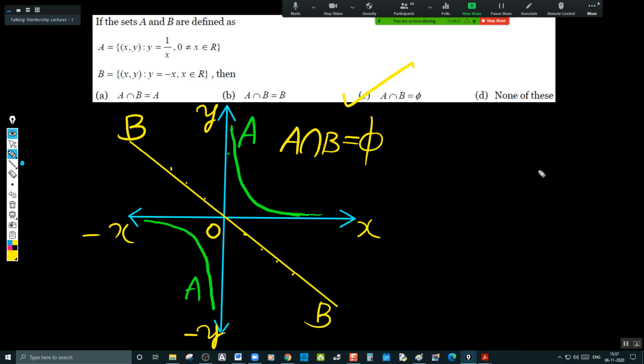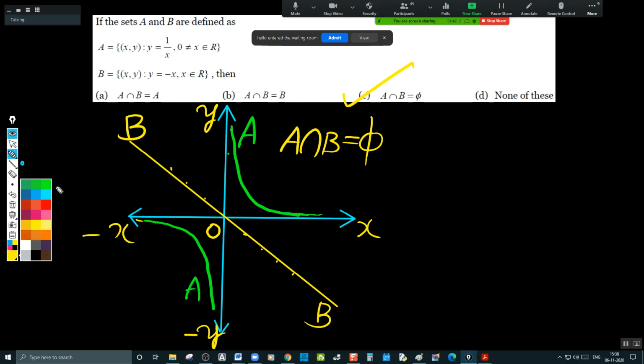Tell me now whether you understand it or not. Yes, sir. Understood. Then you must ask me, sir, it is okay because you know the graphs, you have drawn it, but we don't know the graphs. Then if we don't know graphs, how to solve it? You did not ask that question, so I'm not explaining that also because you're not interested in that one.